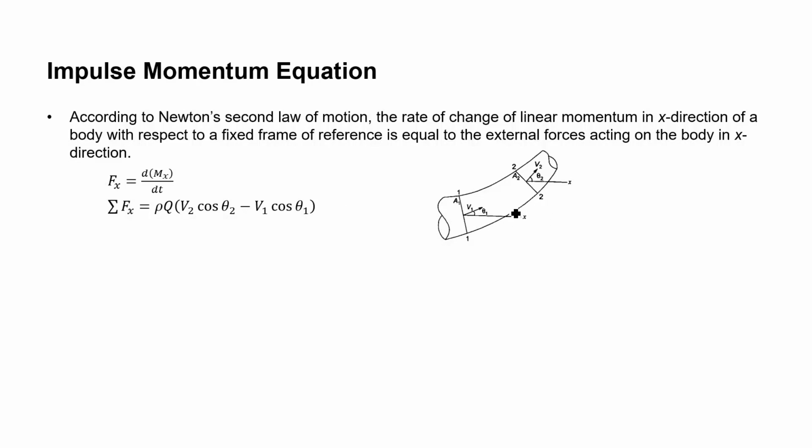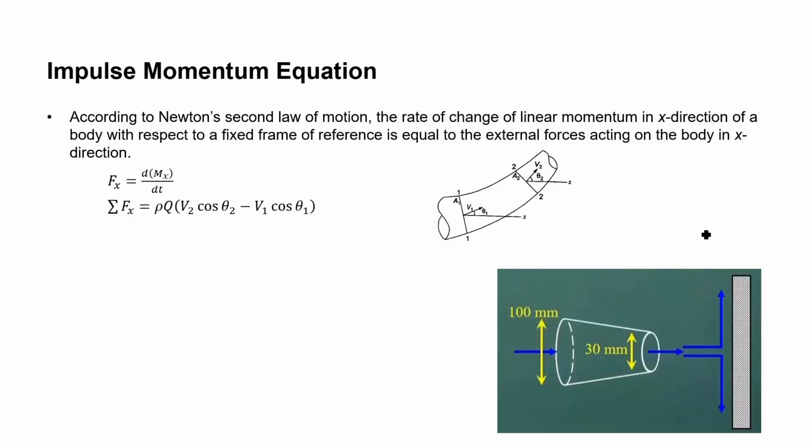V2 cos theta 2 and V1 cos theta 1 are the components of velocity V2 and V1 in x direction respectively. So, here in this question we have a nozzle which is discharging a jet and which is normal to a flat stationary plate. Now, we have the value of Q which is 15 liter per second.